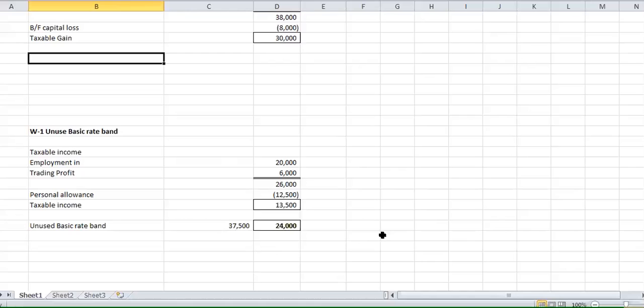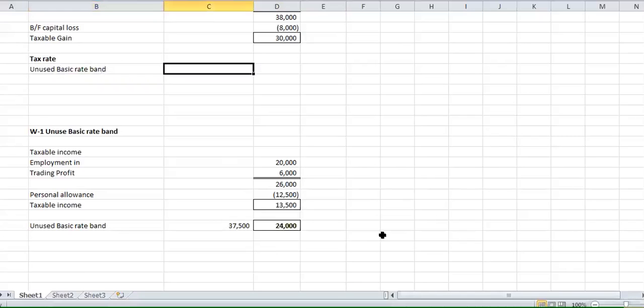So now, let's apply the tax rates of CGT. Students, the unused basic rate band will be taxed at 10%.